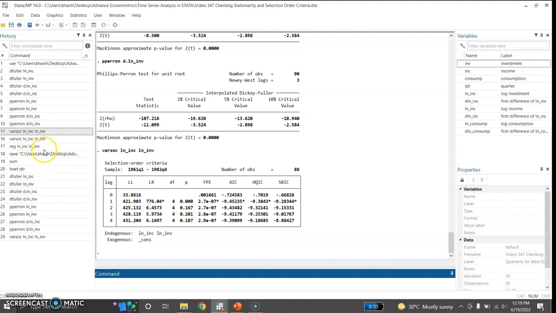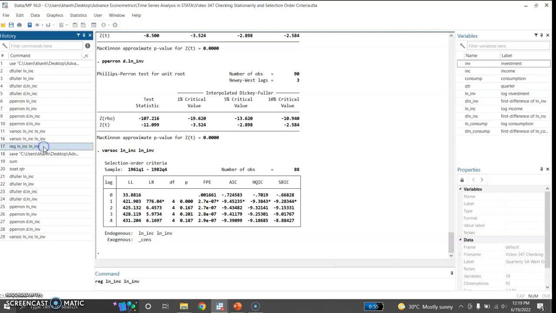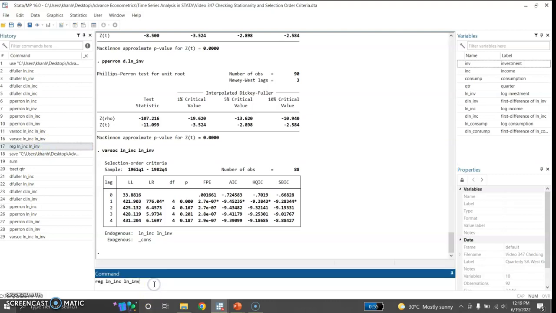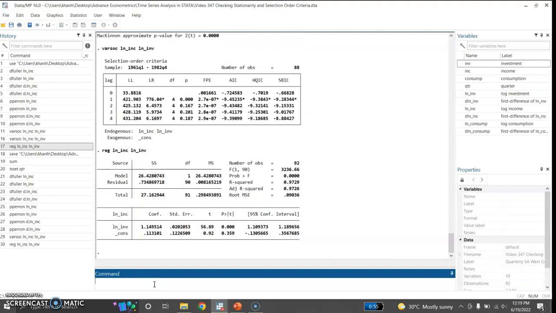And after this, let me check the long run relationship between the income and investment variable. So look at this. This is the OLS regression of natural log of income and natural log of investment. The total number of observations is 92.